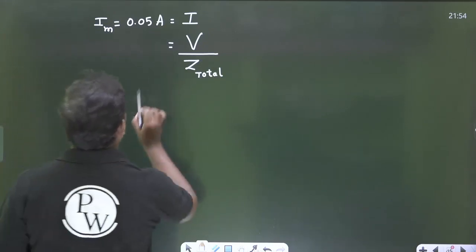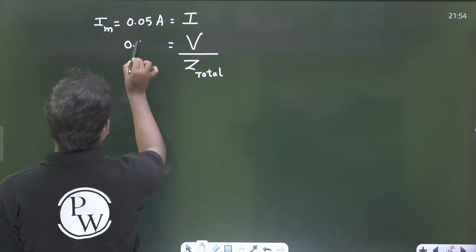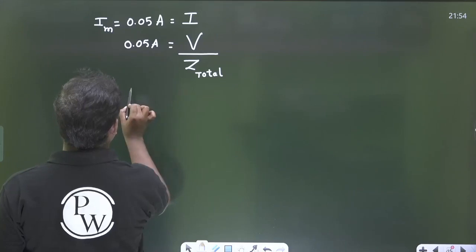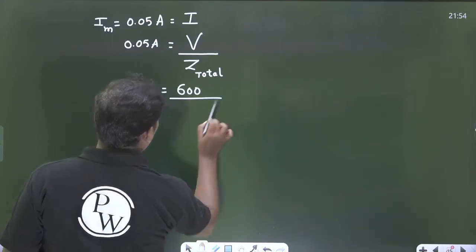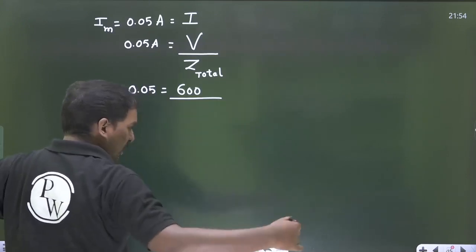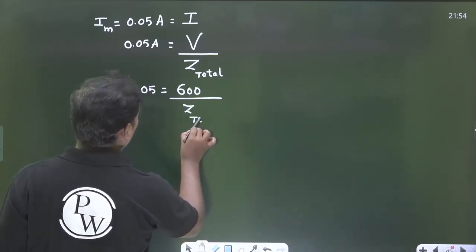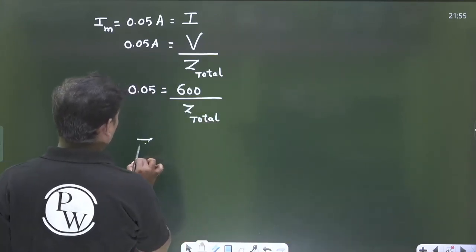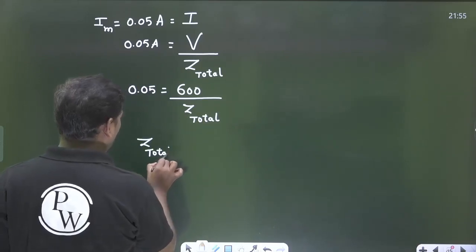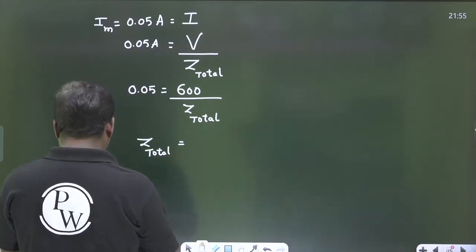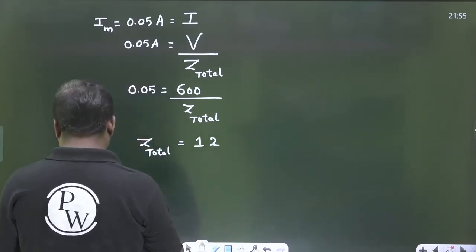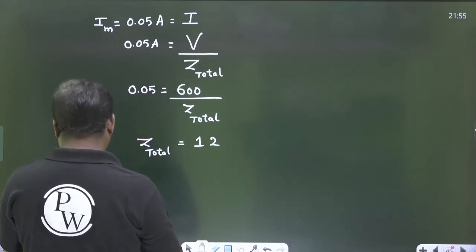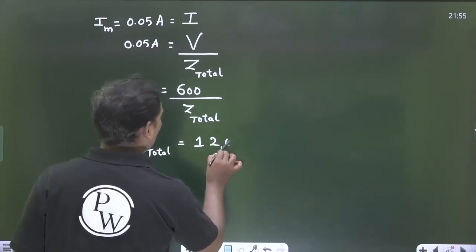So now if I substitute, this is 0.05 amperes. What is the total voltage? The total voltage is equal to 600 volts. Why? Because that is the total range to which we extend. So Z total we can find out. The Z total will be 600 divided by 0.05, which is coming around 12,000.